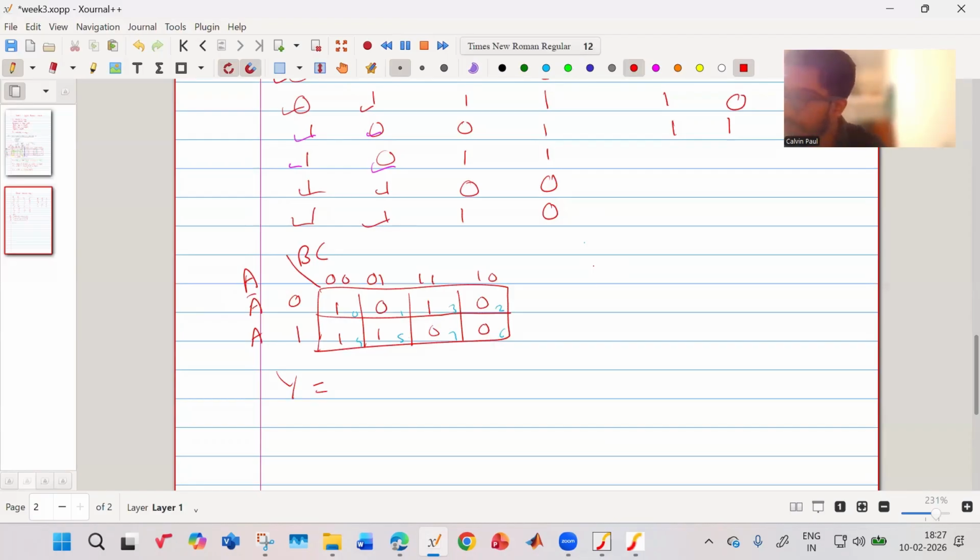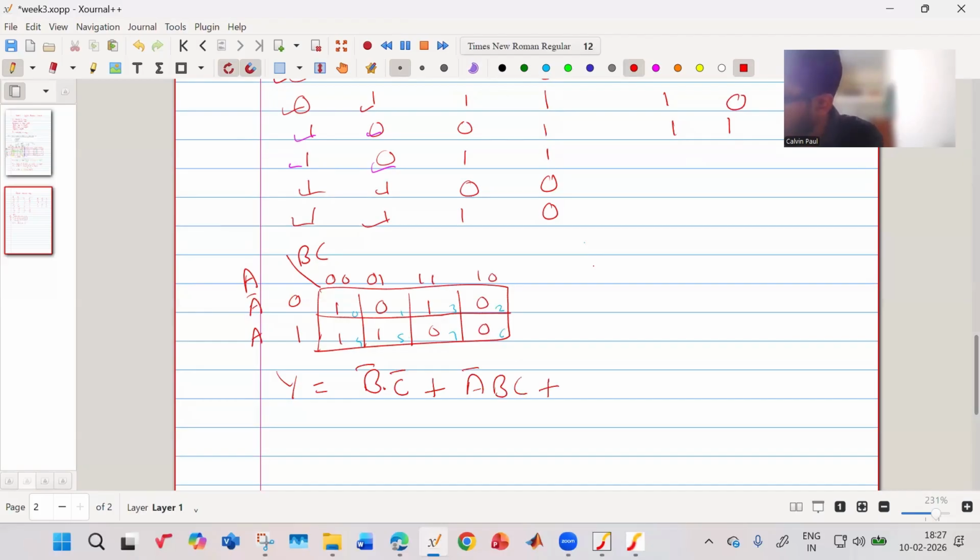What is this output Y? So B bar, C bar. Okay, B bar, C bar. Good. Plus A bar, B, C.